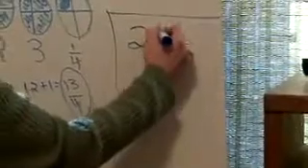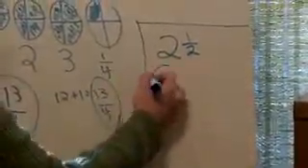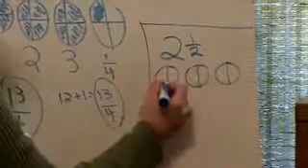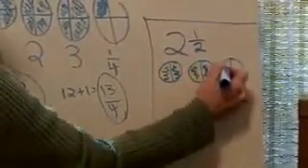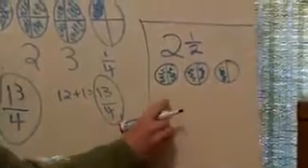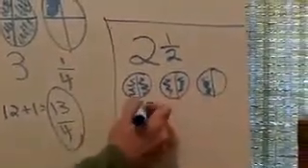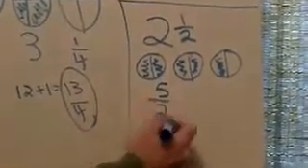Let's say that we have 2 and 1/2. I would represent it as pictures with halves. 1 whole, 2 wholes, and a half. I would count the pieces, 1, 2, 3, 4, 5 pieces, and I would keep the denominator the same as a half.